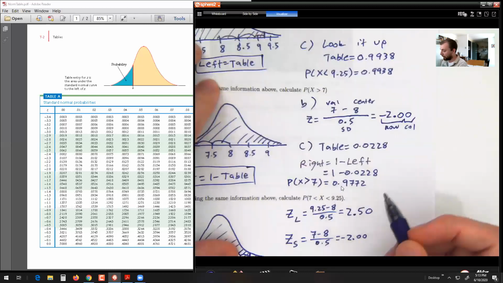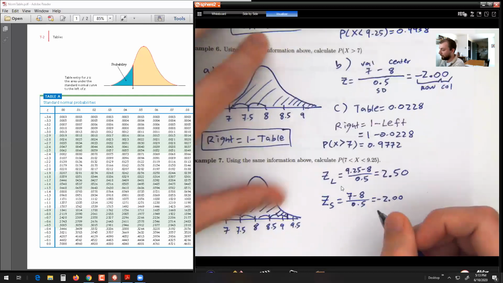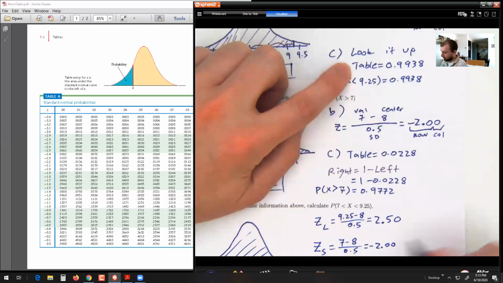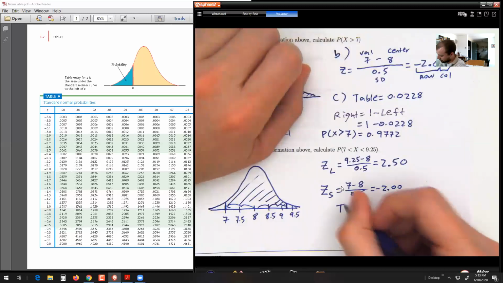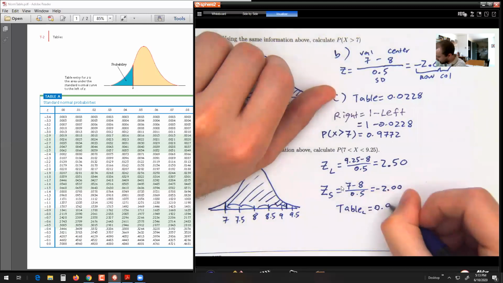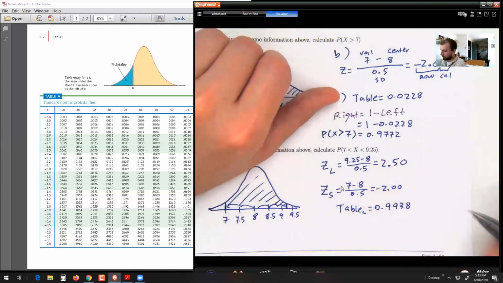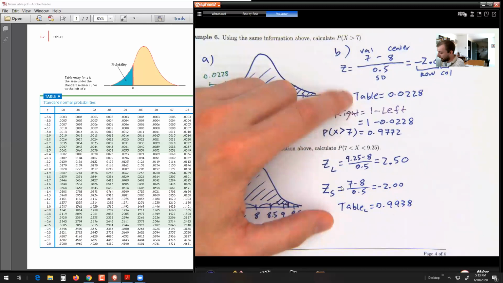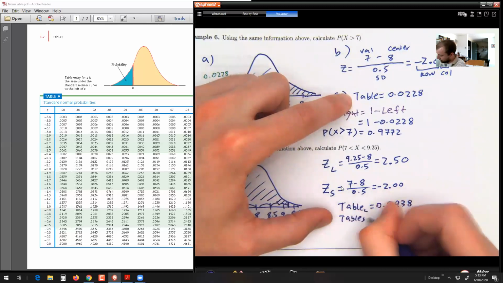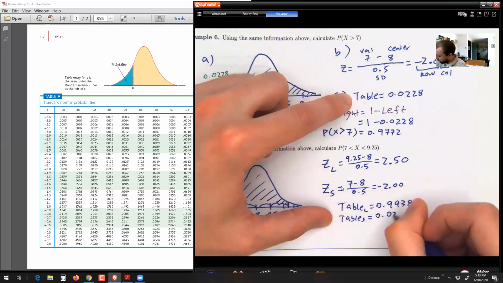So let me cheat a little bit and let's just write down what my two table values are. My large table value is 99.38. My small table value, when I looked up this z-score, was 0.0228.